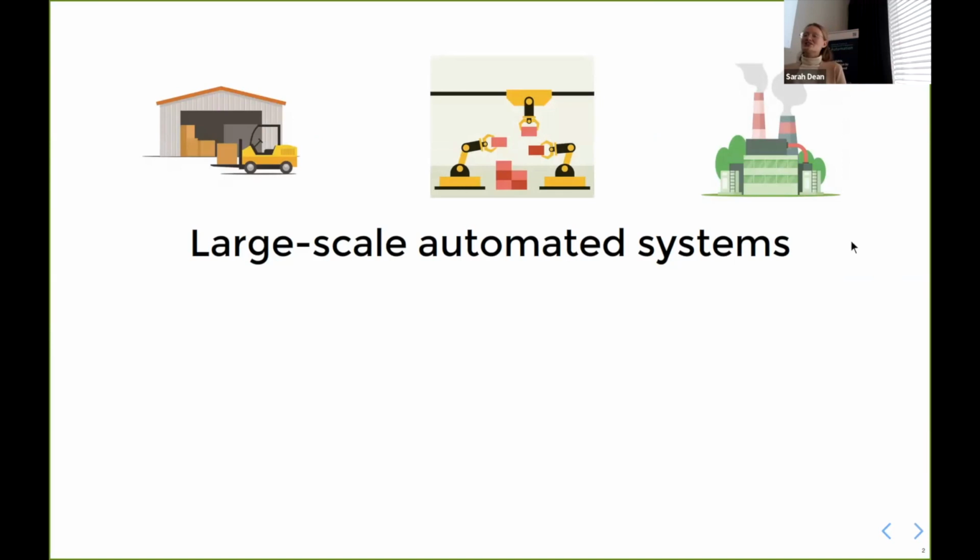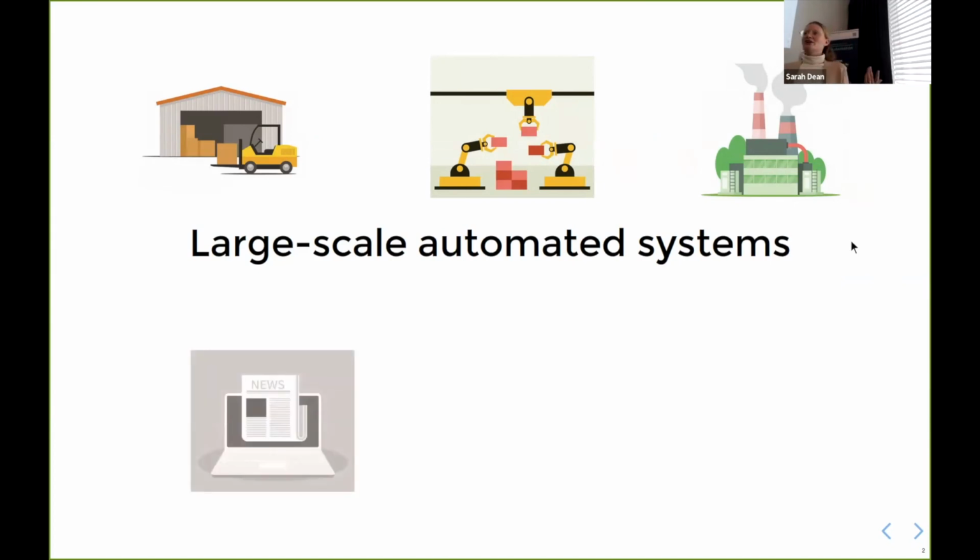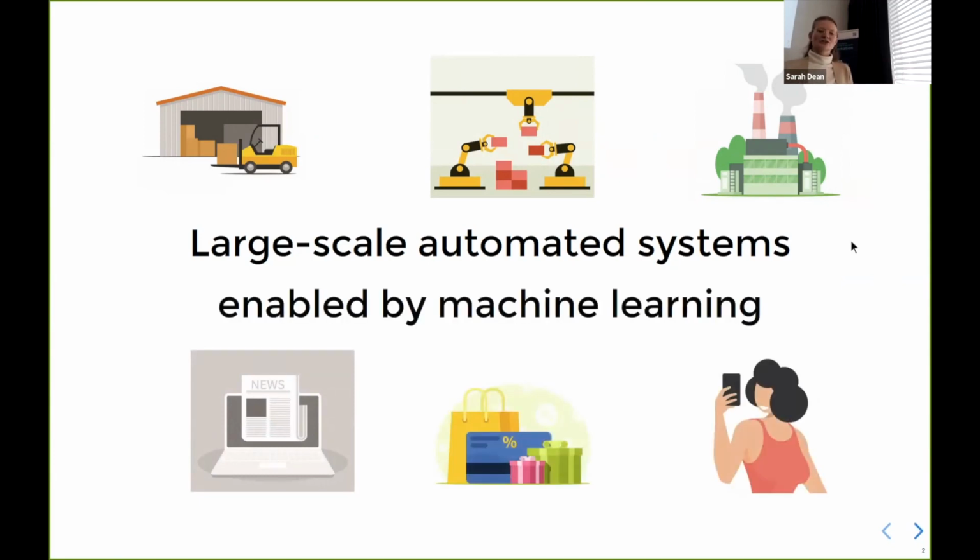Traditionally, these are things that look like warehouses, manufacturing, chemical plants, perhaps. And it's very important in our modern technological society that these things run well. But if we think about the large-scale automated systems that impact us today, these also include things like news feeds on social media, e-commerce, and in general, the ways that we interact digitally using our smartphones and other devices.